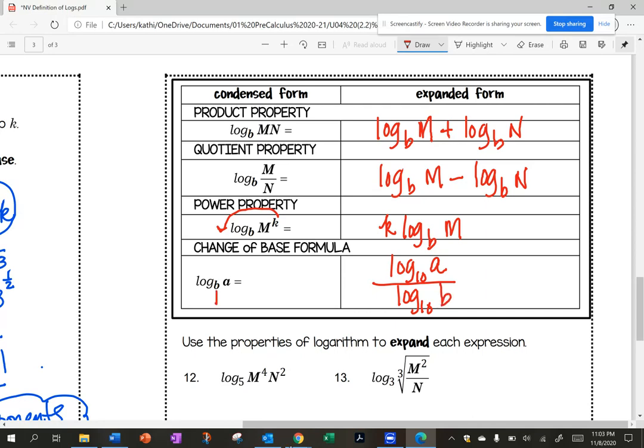So when I'm talking about the log base b of a, I want to use base 10 because that's on my calculator, or I want to use natural log because that's on my calculator. So I would say the natural log of a over the natural log of b. So this is just saying base e. And I'm choosing base e or base 10 because those are the buttons on my calculator.